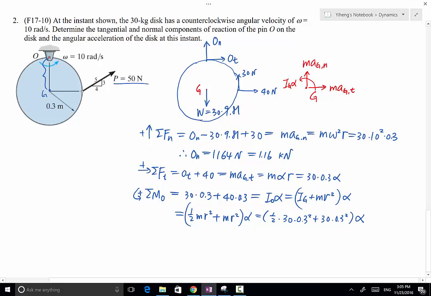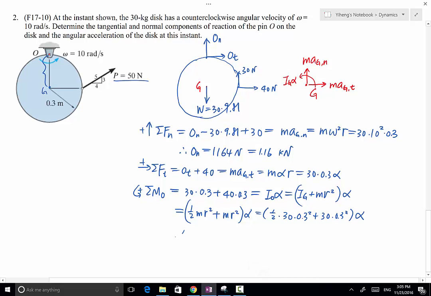So from the third equation, we can solve for alpha, and alpha is determined to be 5.19 radian per second squared. And then we substitute that value into the second equation. We can solve for O_T to be 6.67 Newton.